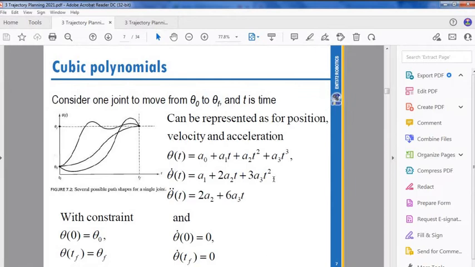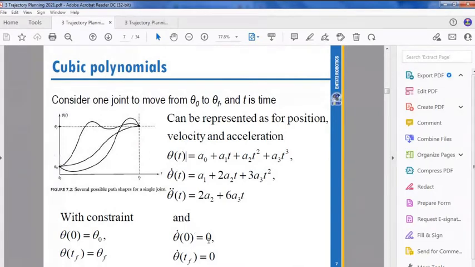And then from the velocities, we know that the velocity of the motion of your robotic arm at time 0 equals 0 because you didn't move yet. When you didn't move your robotic arm, your joint, the velocity is 0.